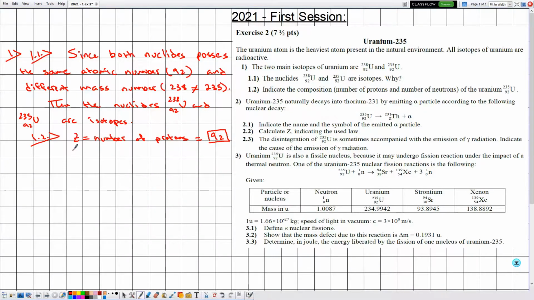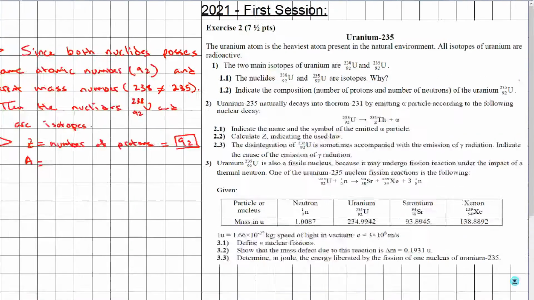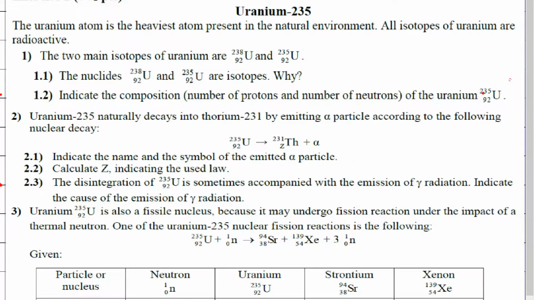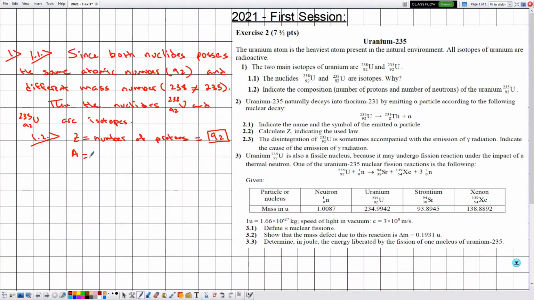Now regarding A, A is the mass number, which is equal to the number of nucleons, the number of neutrons and protons.